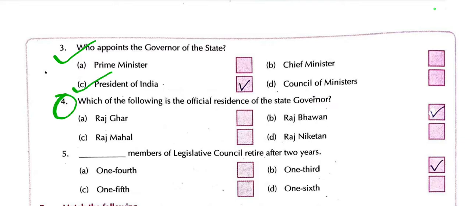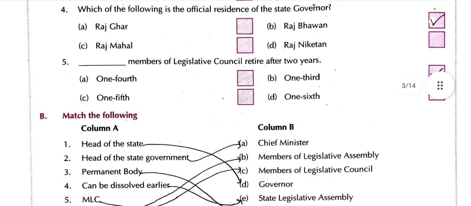President of India. Then question number 4, which of the following is the official residence of the state governor? Raj Bhavan. The next question is question number 5, members of a legislative council retire after 2 years? 1/3.